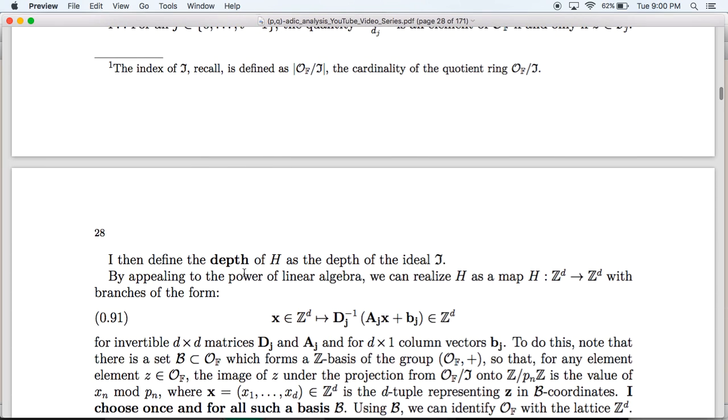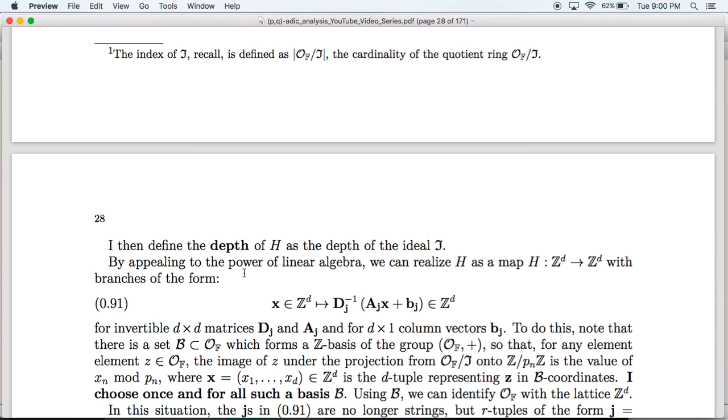By appealing to the power of linear algebra, we can then realize H as a map on the lattice Z^D with branches of the form: the D-tuple x gets sent to d_j inverse times a_j x plus b_j, for invertible D by D matrices d_j and a_j, and for D by 1 column vectors b_j.